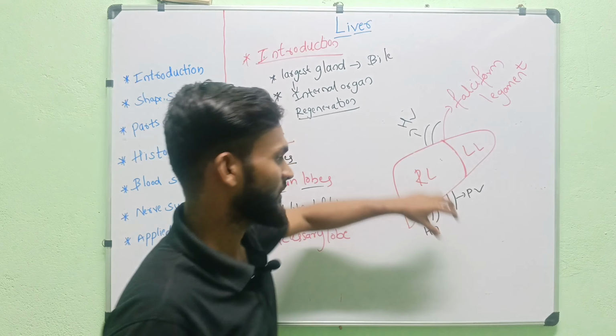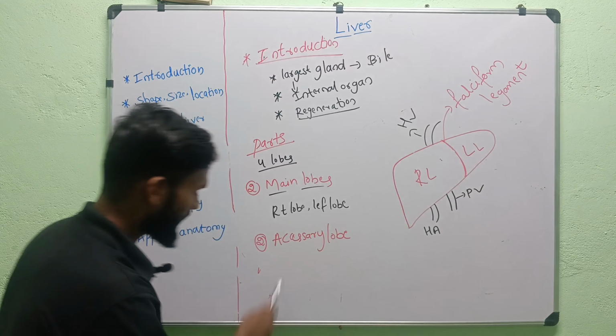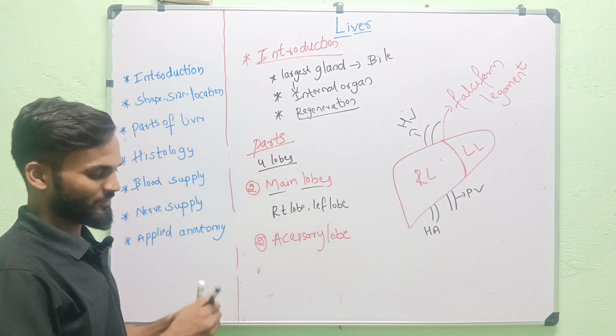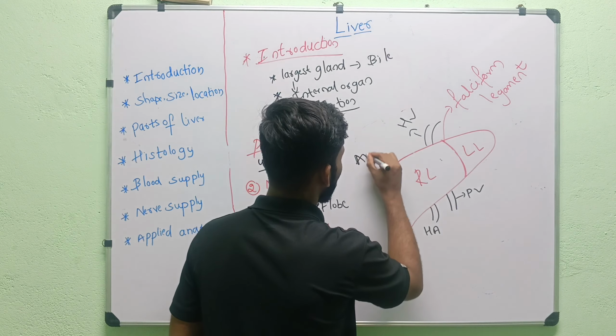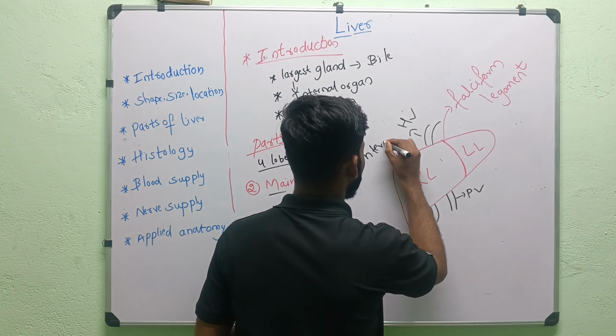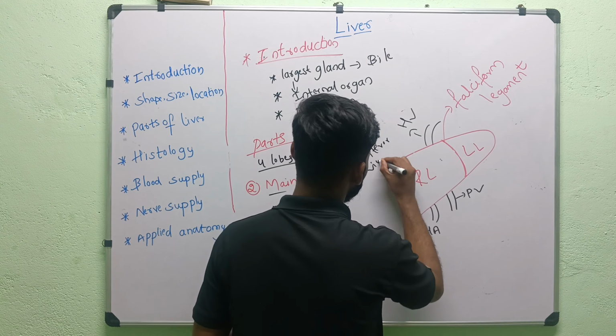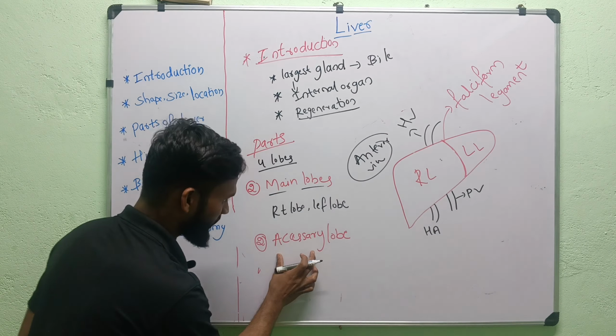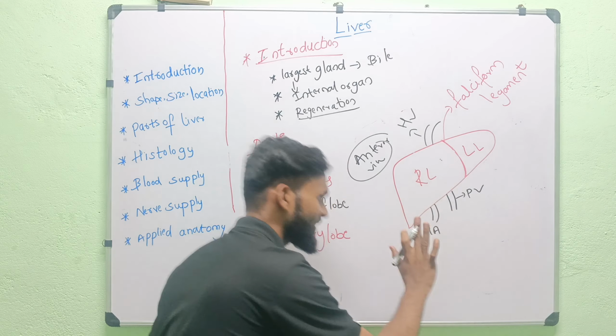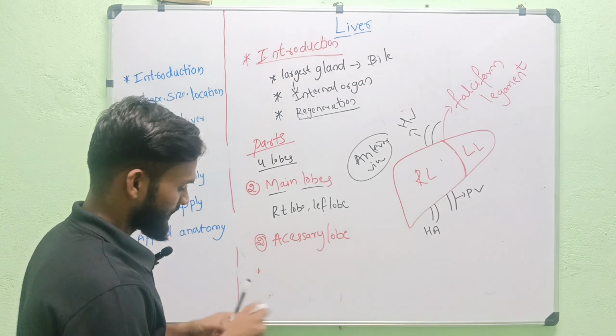That is all about the right and left lobe. Next, we are going to discuss the accessory lobes. This is the anterior view of your liver. These 2 accessory lobes are present at the posterior side of your liver.